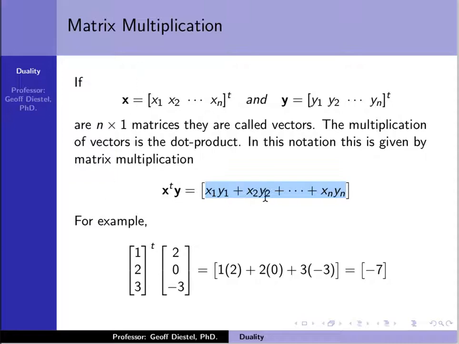So in a previous example, what we're really doing is multiplying the transpose of 1, 2, 3 as a column times the column 2, 0, negative 3. Again, this is just notational interpretation.